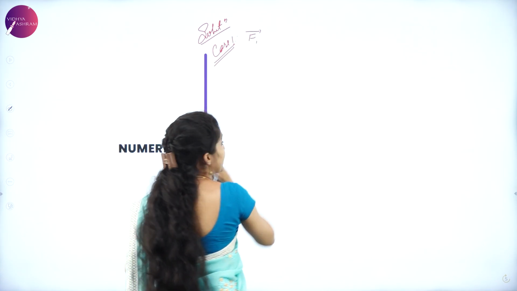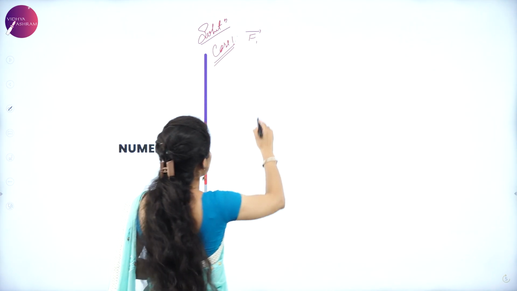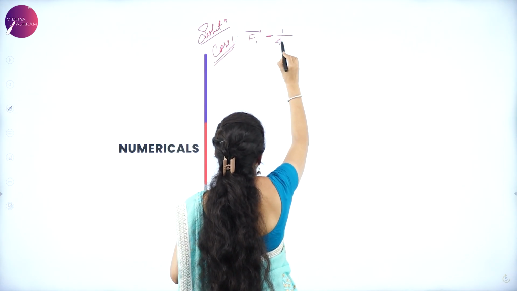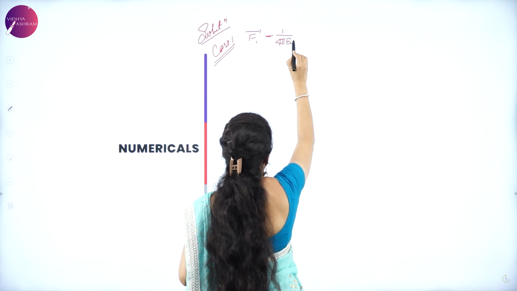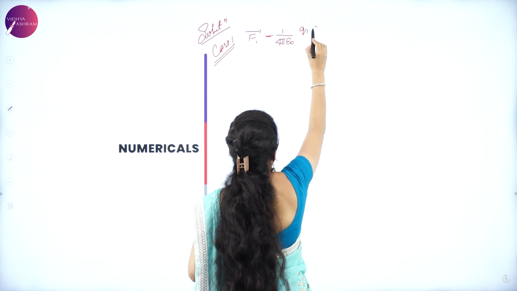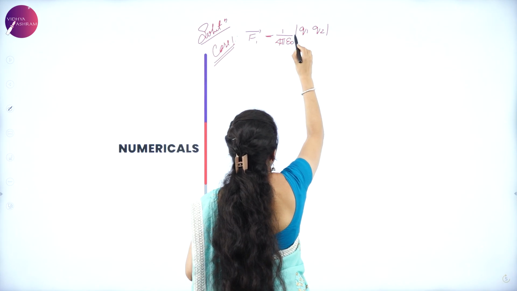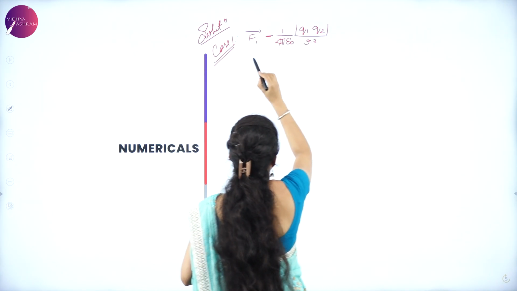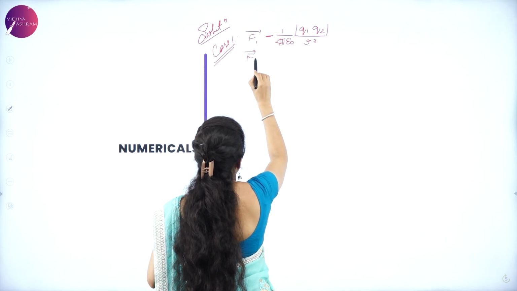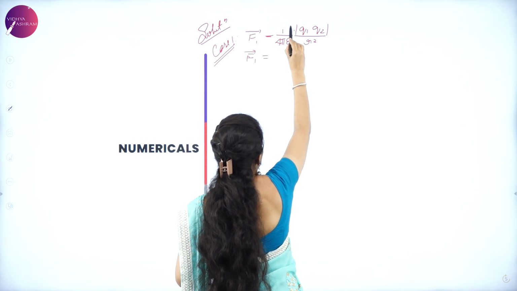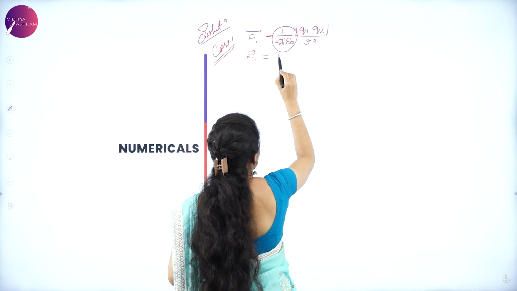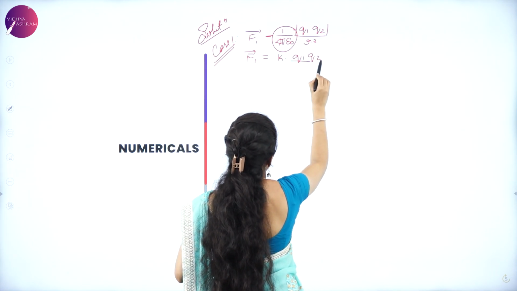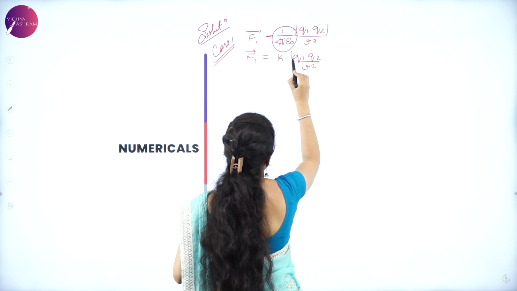Force is a vector quantity, so F1 is equal to 1 by 4 pi epsilon naught Q1 Q2 by R square, or else we can also write F1 is equal to, this term can be written just as K into Q1 Q2 by R square.